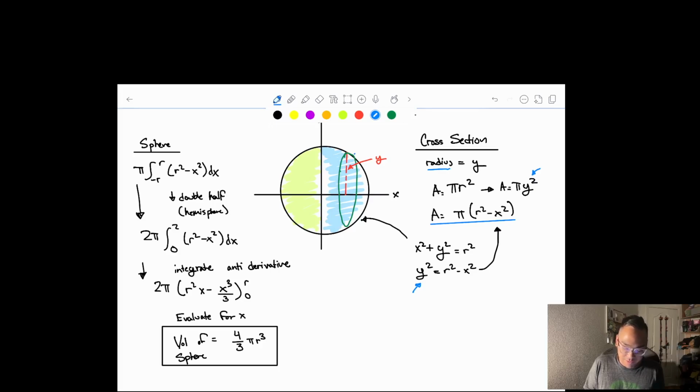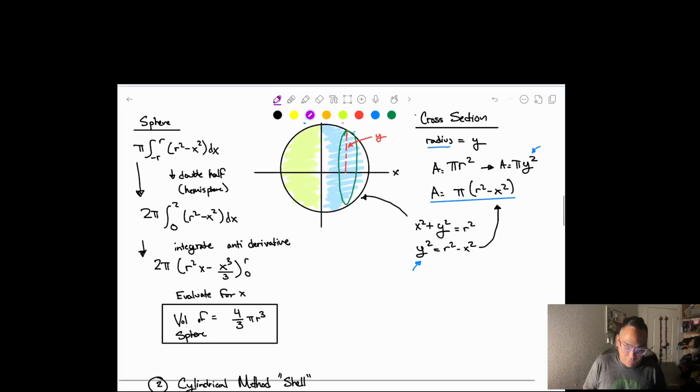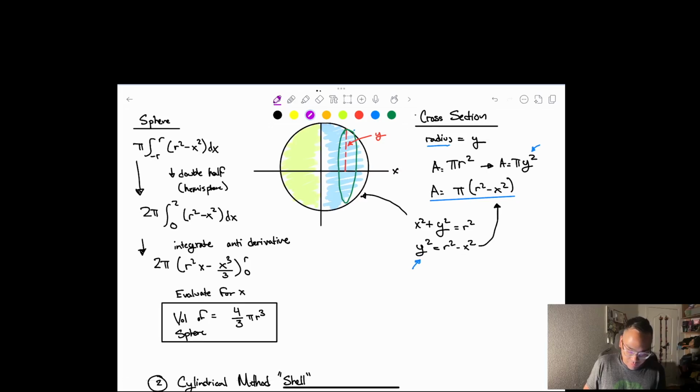And because you're doing basically just one half, so you're doing this right here and then this right here, because there's two hemispheres, two halves of that sphere, you're going to double it. And you are going to essentially get, and this is how you're going to derive the formula, 2 pi, integral symbol, 0 to r, r squared minus x squared dx.